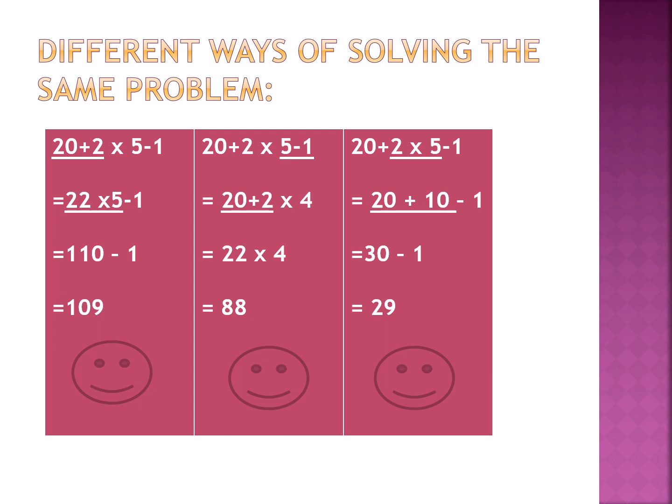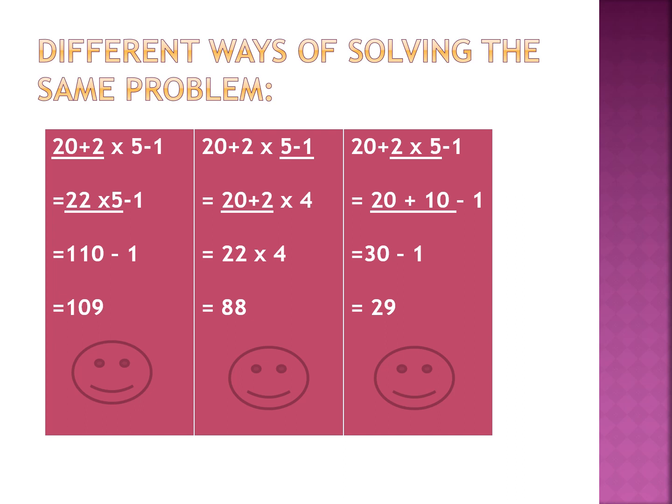Let us see the three different minds of three different students, right? Let's start with the first student. The first student decided that he will add first of all. So I have underlined the addition of two numbers, right? Now look at the second column. The second student decided that he will subtract first of all. So he will subtract 5 minus 1.